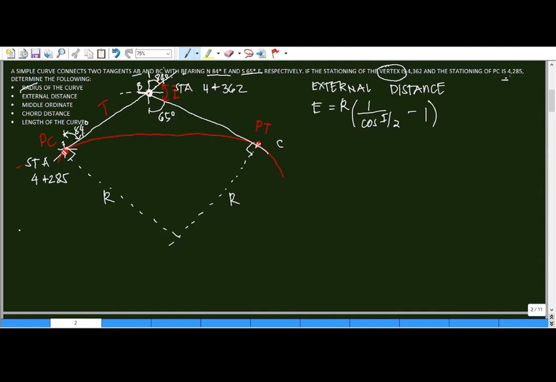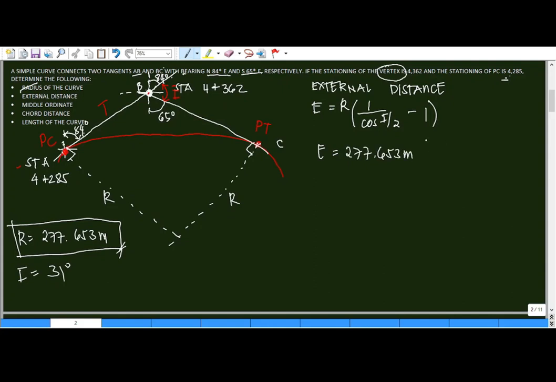Nasolve na natin si R kanina. That is 277.653 meters. This is my R. And meron din akong value ng I kanina na solve ko, that is 31 degrees. So, direct substitution na lang. That is equal to 277.653 meters multiplied by 1 over cosine of 31 degrees over 2, minus 1.